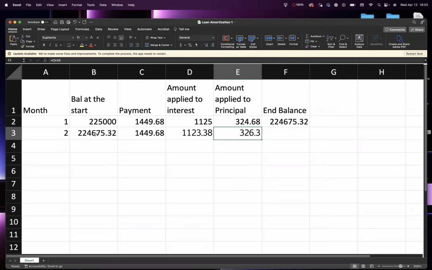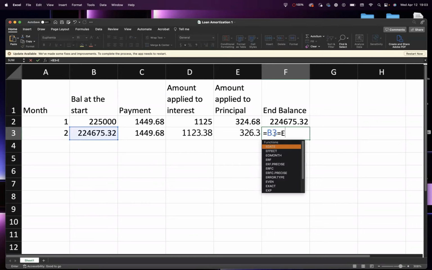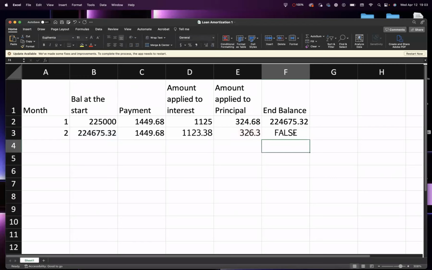So you do B3 minus E3, equals B3 minus E3. You have to be careful when you are typing in. If you mistype, like if you do B2 here, you get a very weird amortization table. So hit enter. Oh, okay, looks like I did something wrong there. Yeah, so I should have done subtract there.